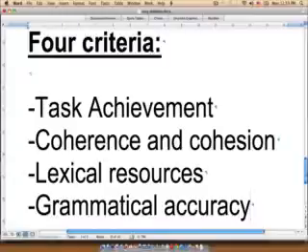The third is the lexical resources that you use to deliver your response, and the fourth is grammatical accuracy. And in this video I would like to go through each criterion and illustrate what you need to do to raise your score from a 6 to a 7 or from a 7 to an 8.